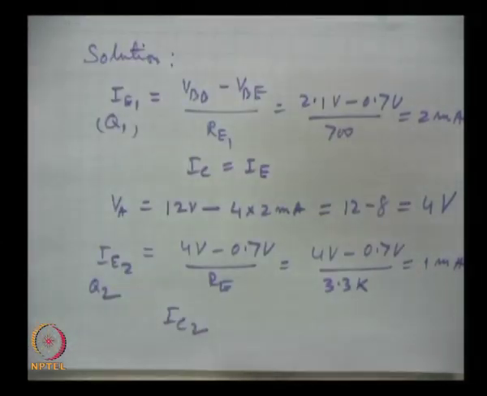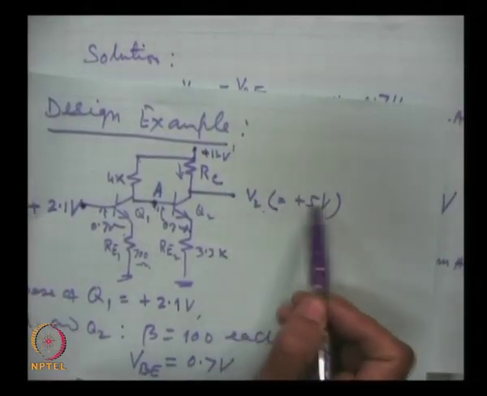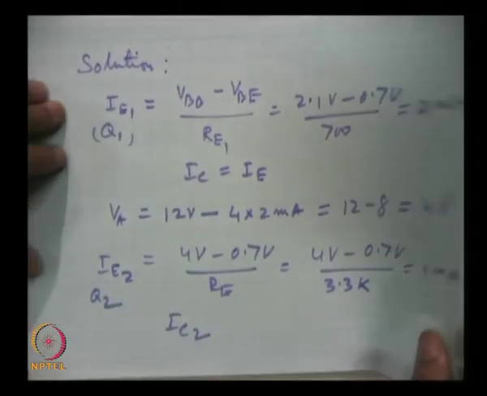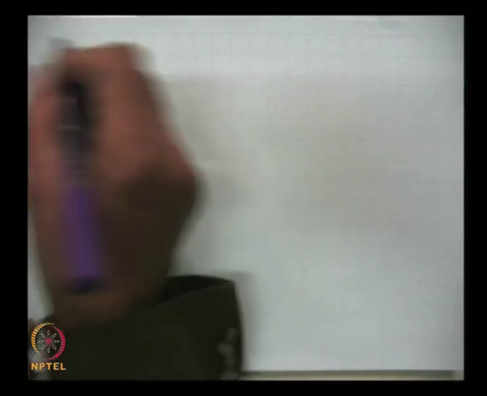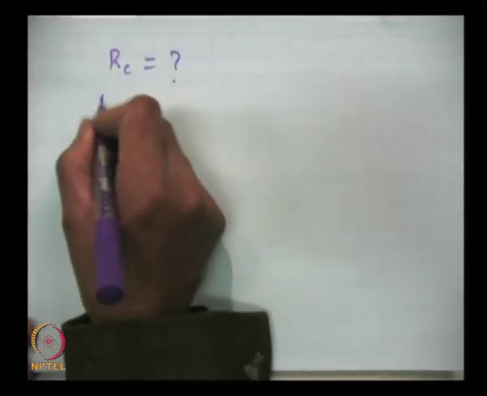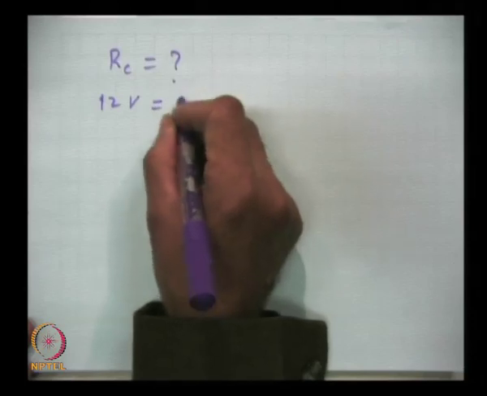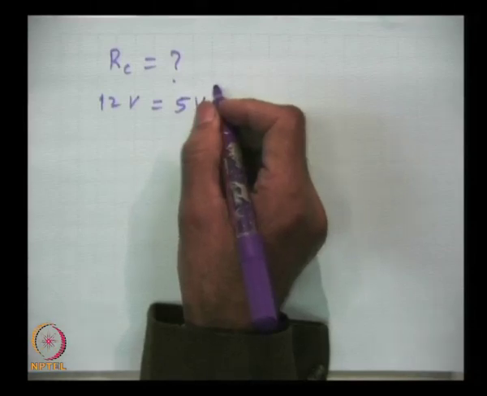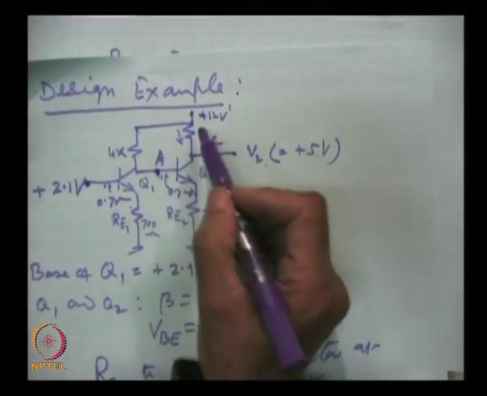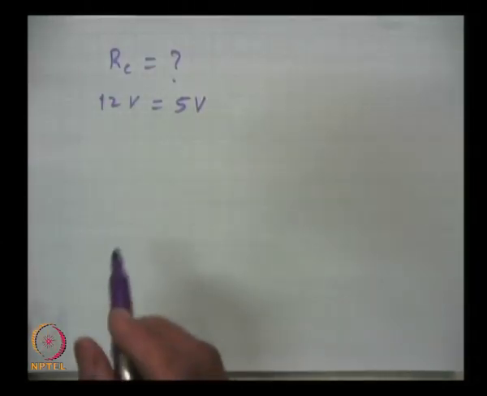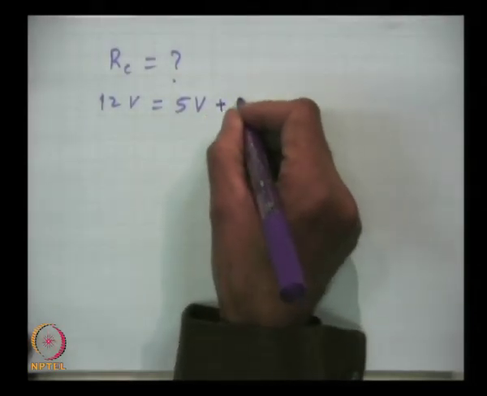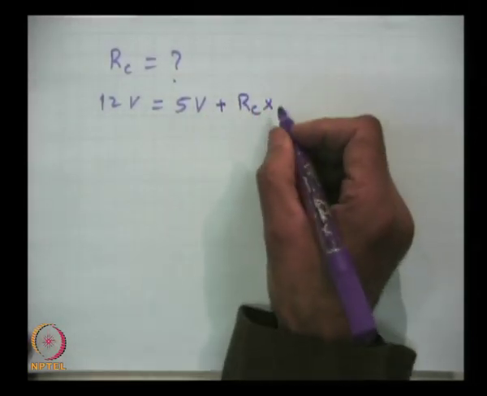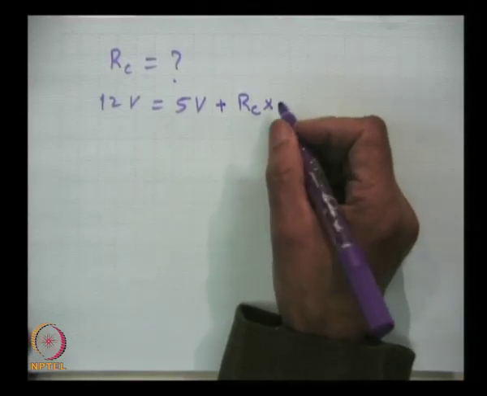With this we have to find out, remembering that this is to be maintained at 5 volts. Then RC we can find out like this: 12 volts, out of that 5 volt is the requirement that the collector should be at 5 volts. And what is the drop here? IC into RC, and IC we have found out to be 1 milliampere.